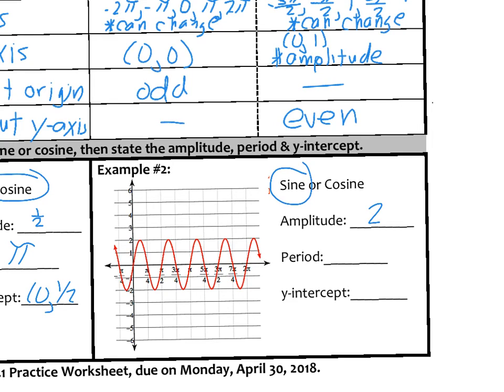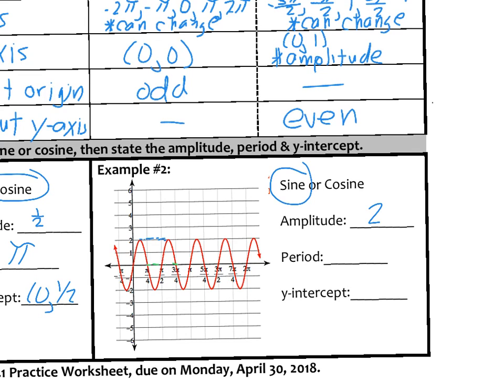Okay, the period, the distance it takes to complete its full cycle. A little more difficult to look at on the max. So I'm going to go find another point here where it's on its way down at pi over 4, and then you'll see it again is on its way down at 3 pi over 4. Okay, so that is a full cycle also.